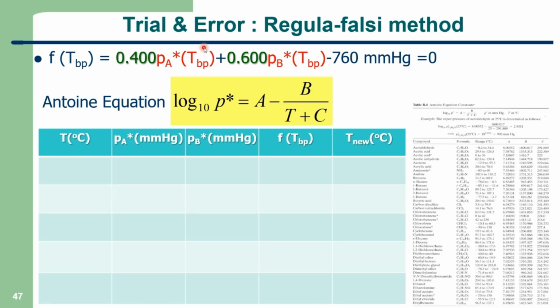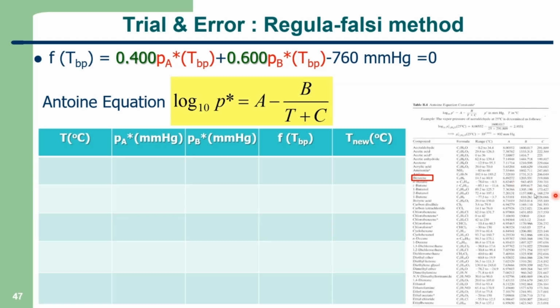Bring your calculator, okay? I will give you this equation, and of course you need to find out this equation by yourself. So in the very beginning, it's 0.4 PA, 0.6 PB minus 760 millimeter mercury, and you need to get this answer. And you need to know this is benzene, right?